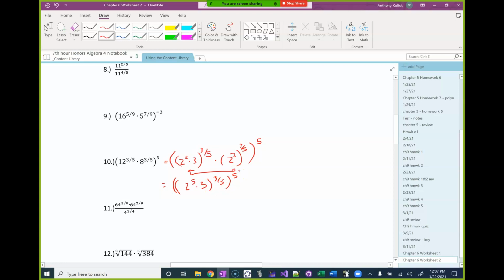Then I can do my exponent of an exponent property, and 3/5 times 5 is just 3. Then I can do my exponent of a product property again. So that's going to be 2 to the 15th times 3.